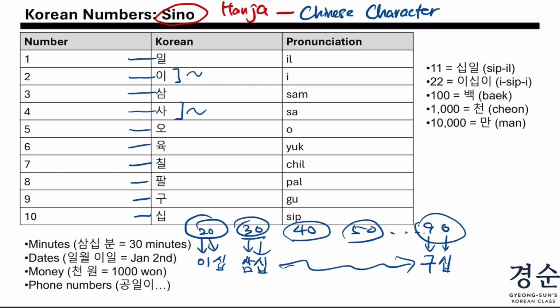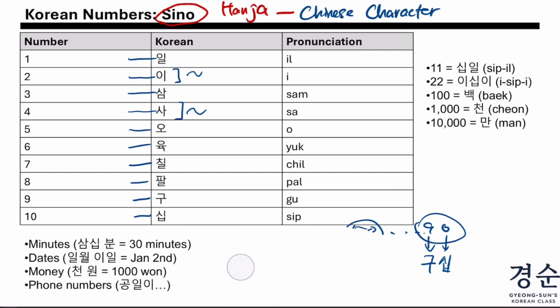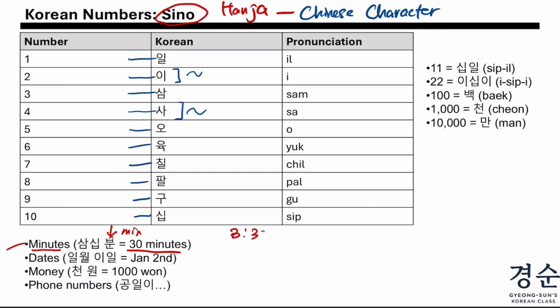Okay, next, let's see when we use this Sino number. The first one is when you are saying the minutes for the time, like I mentioned. For example, 30 minutes. 30분. 분 is minutes. So basically, how do you say 3:30?